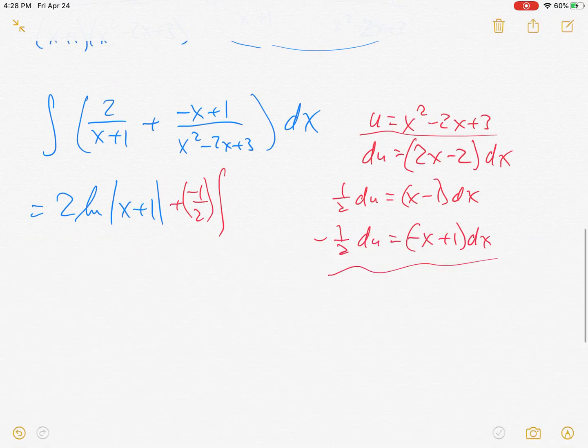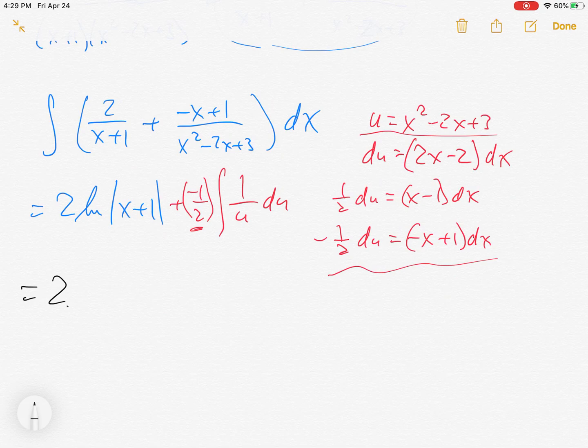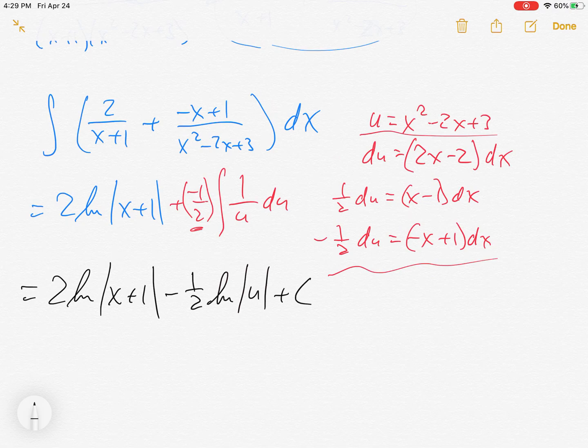That can be plugged in. So this becomes plus, let's put that negative 1/2 right away, minus 1/2 integral of, all of this crunches down to 1 over u du. So the 1/2 was from the du.